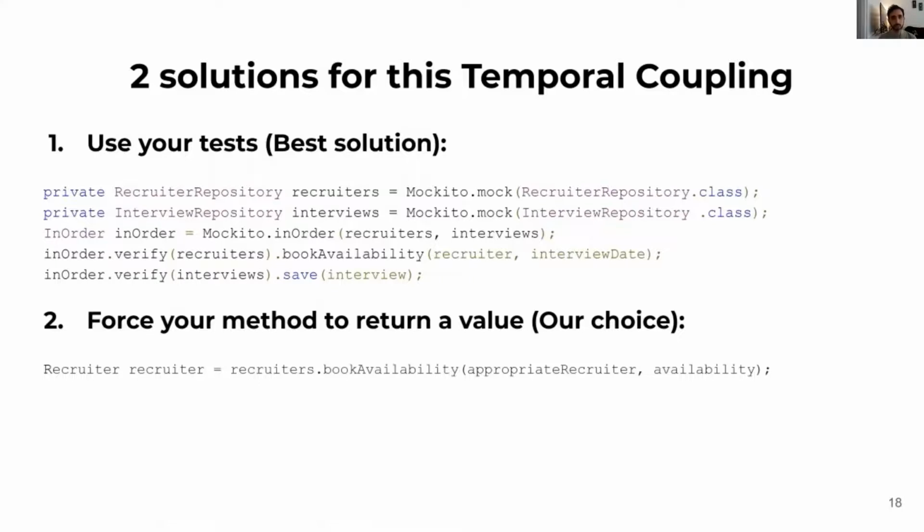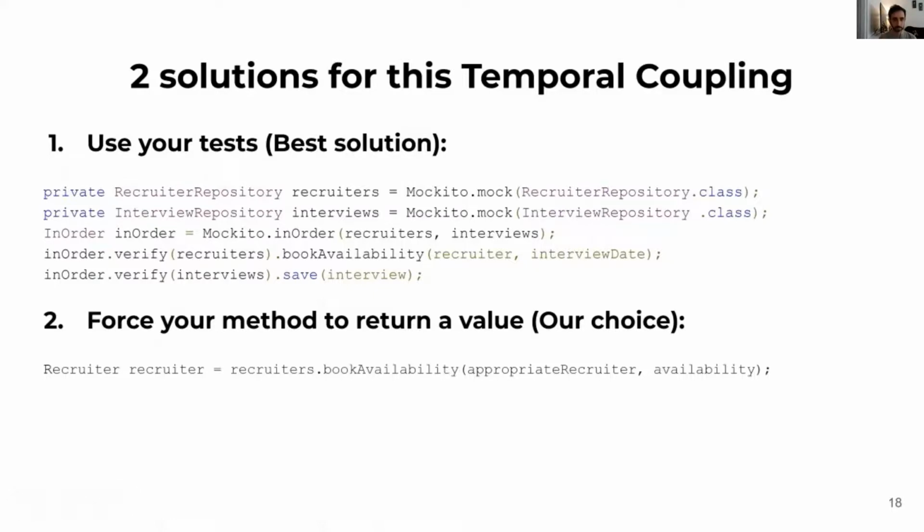This is not the solution that we will use. We will use a second solution, which is returning something from book availability recruiter, and then using this returned value in the next line. This way, we will couple these 2 lines of code.